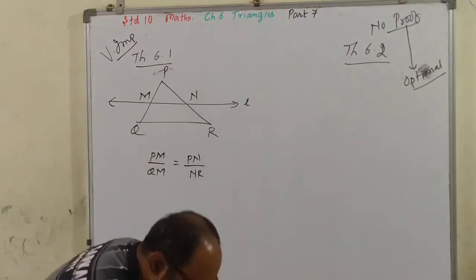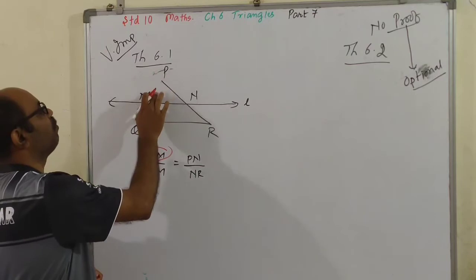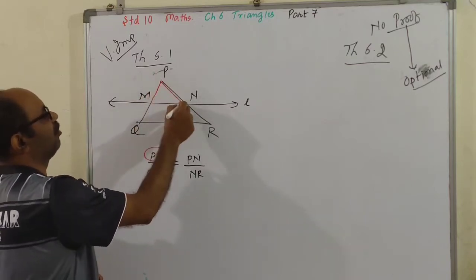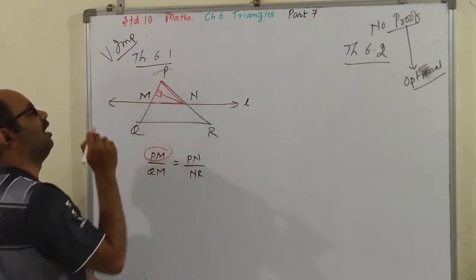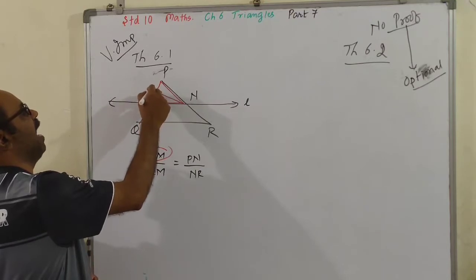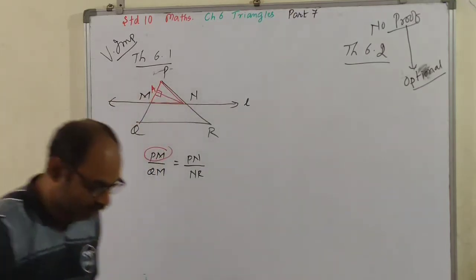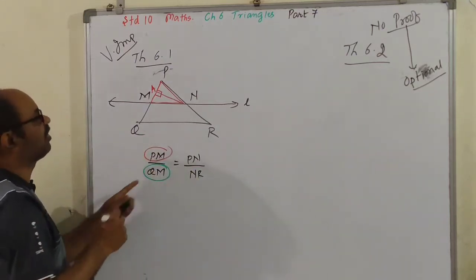And if you remember, we used this trick. We took PM as base and the vertex opposite to that, N. So the red triangle. From N, if you drop a perpendicular, this is the altitude. Here I'll have to say NA. NA is the altitude. Alright. Then we picked up this QM.